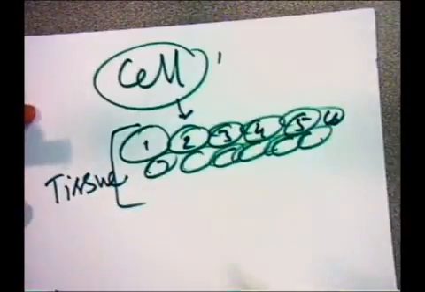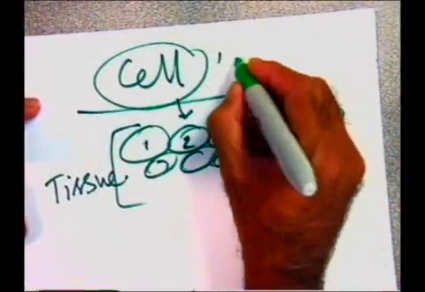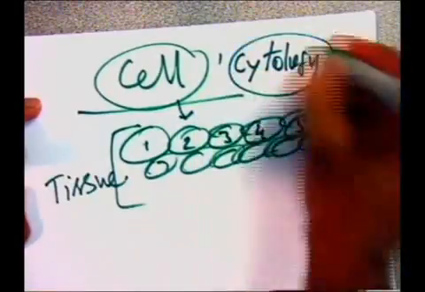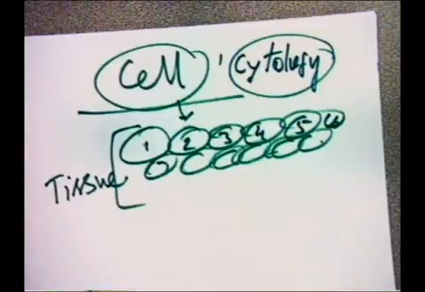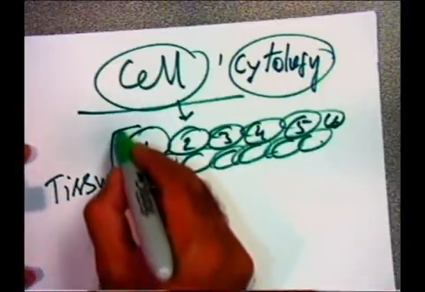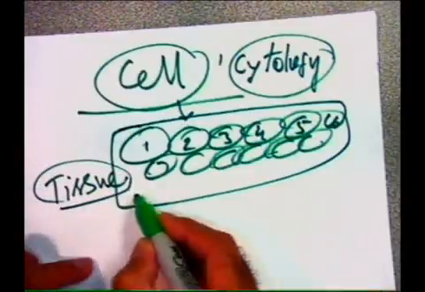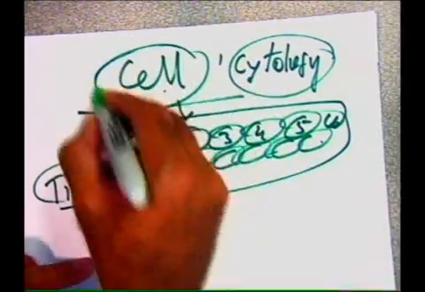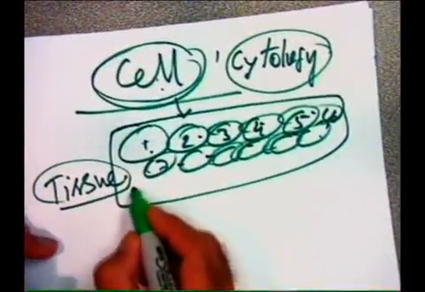Follow? If you have one cell, we call it cell biology, as well as cytology. Cytology deals with the individual cell, and tissue indicates the collection of the same type of cell. This is one type of cell, and the same cell multiplied. So this is a kind of tissue.